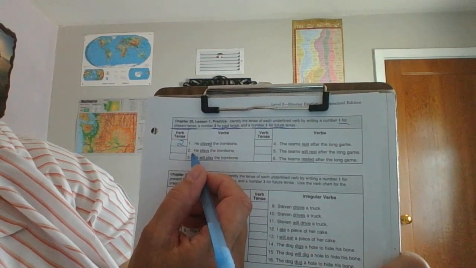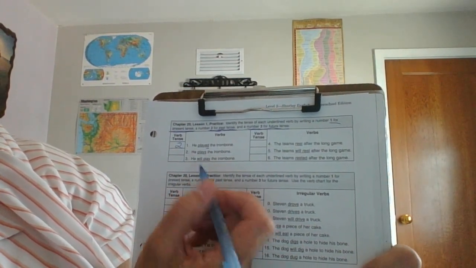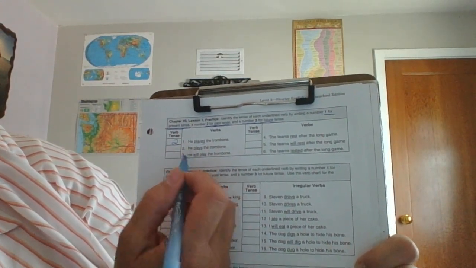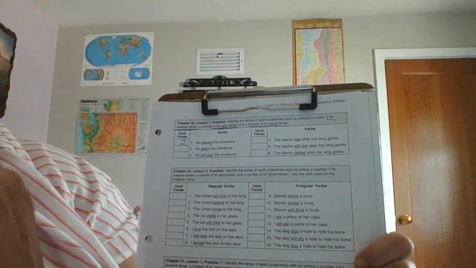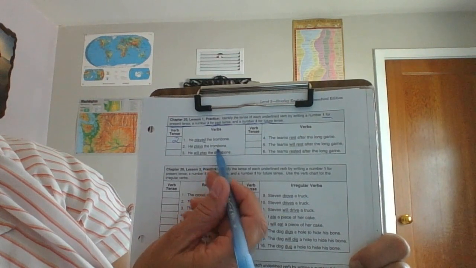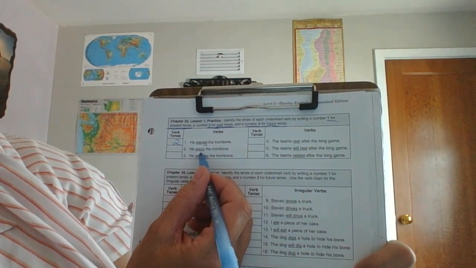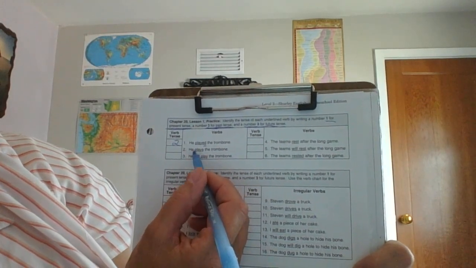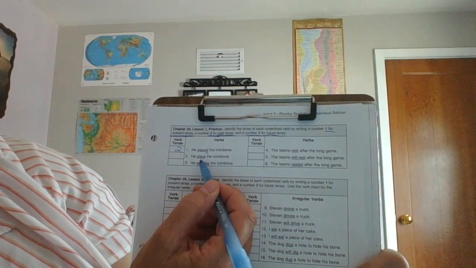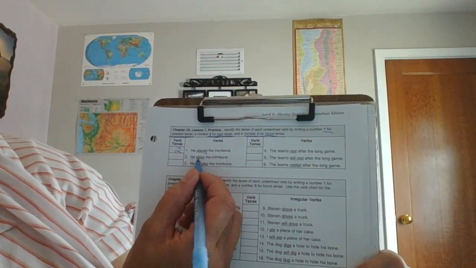Let's keep going. Now we still have the verb play as our base verb. But now we need to figure out if it's past, present, or future. It says, he plays the trombone. So they already have our verb underlined. Is it in the past? No. Is it in the future? No. He plays the trombone is right now.